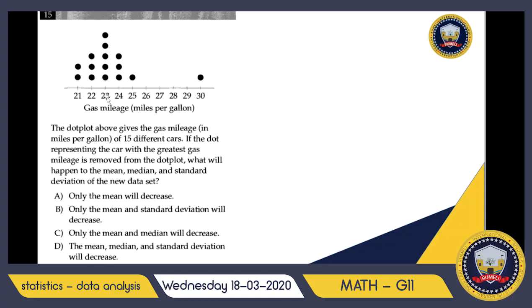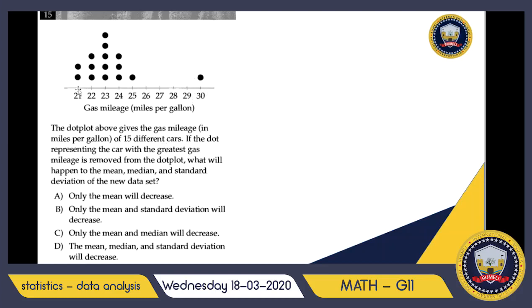So before and after removing this outlier, the median is still the same. And this is the note that we said: when we have a distribution skewed to the right, this means we have an outlier, so we would say that the median is unchanged. However, the mean and the standard deviation both decrease.